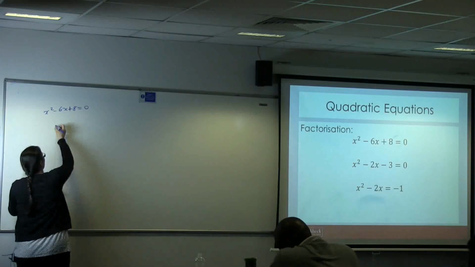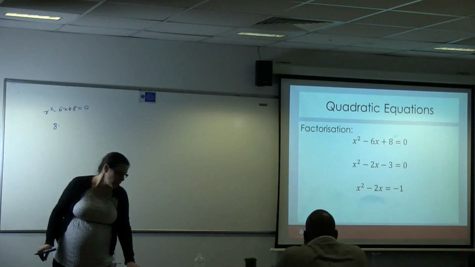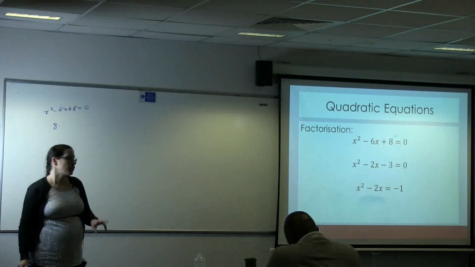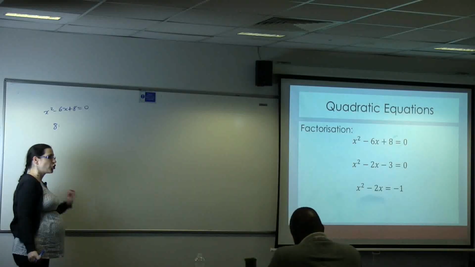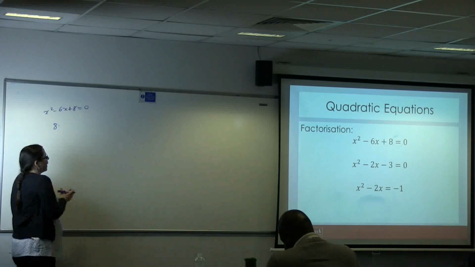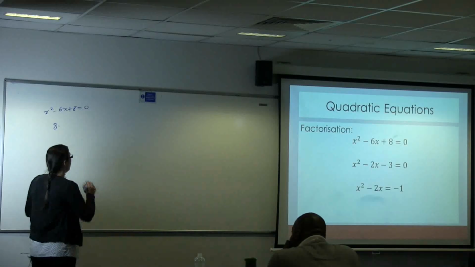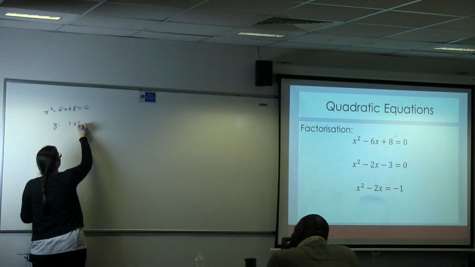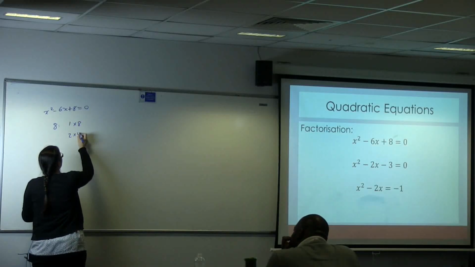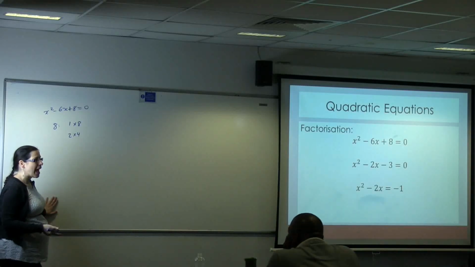So you look at the constant term, the 8, and you break it up into as many multiples of two numbers that you can just think of. So, how can I multiply two numbers together so they would end up being 8? Well, it can be 1 times 8. It can be 2 times 4. They both give me the 8.